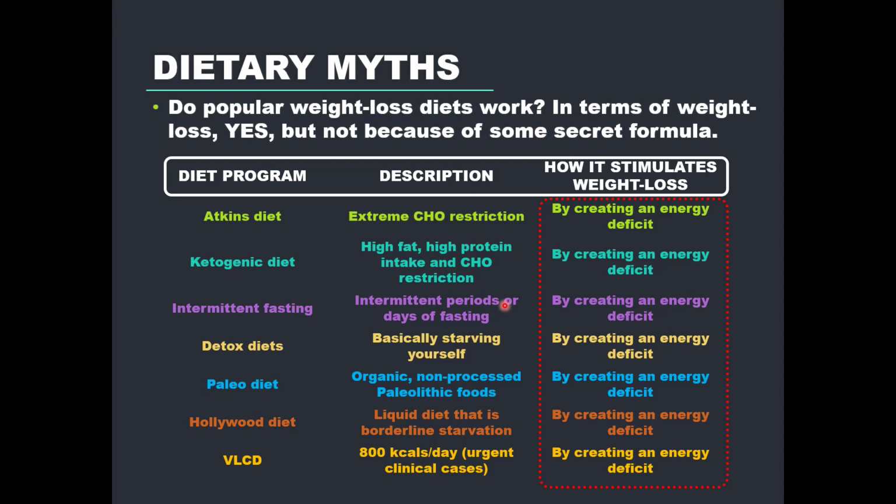Again, going back to the scientific basics that we went over in this lecture series, you need a fuel mass deficit to lose weight, as we have demonstrated in all those car analogies earlier. Calories is a measure of energy and a proxy for fuel mass. So therefore, a caloric or energy deficit is the only way to lose body mass.